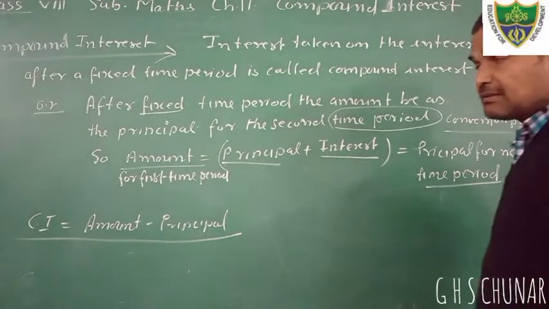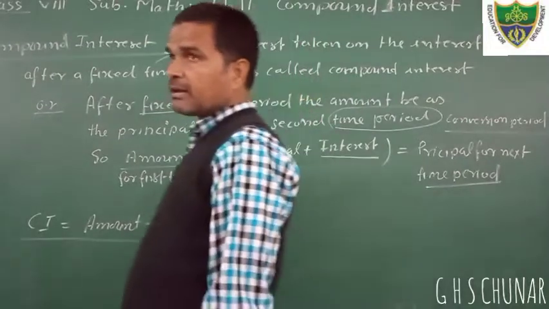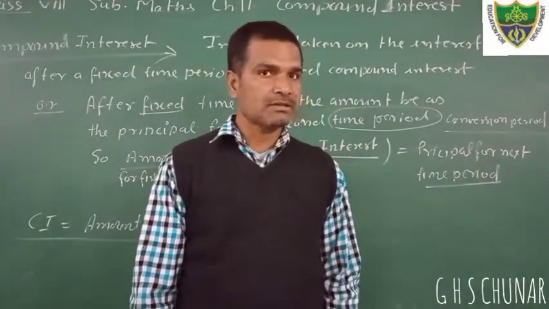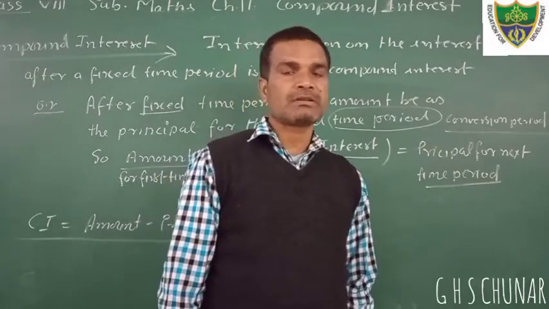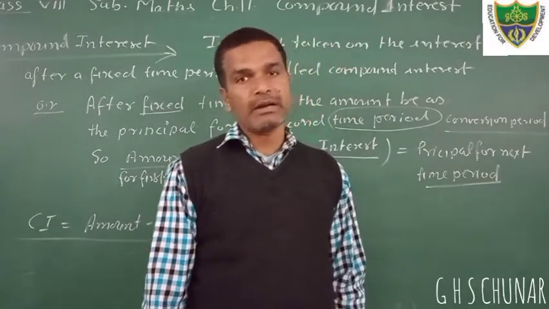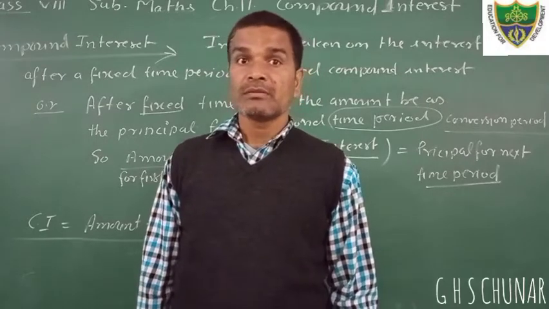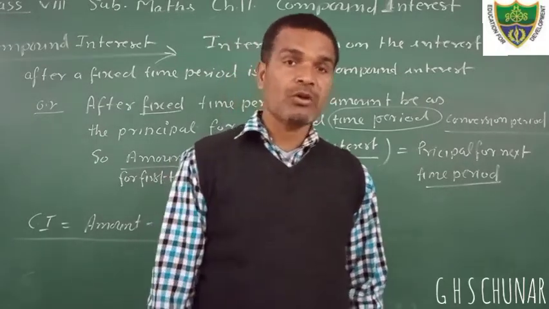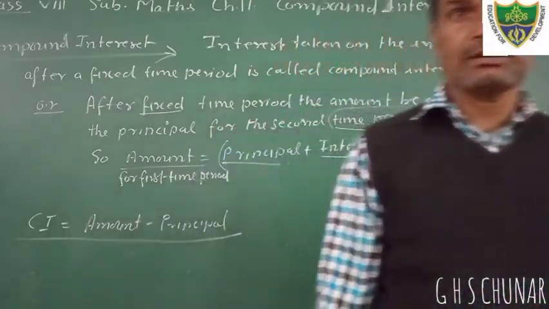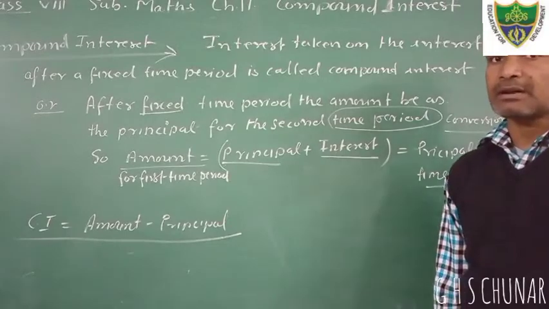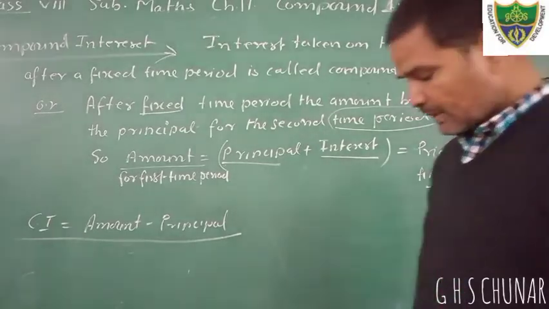The amount of the third year will be the principal for the fourth year, and so on. How many times it is compounded depends on the conversion period. Okay, you note it.